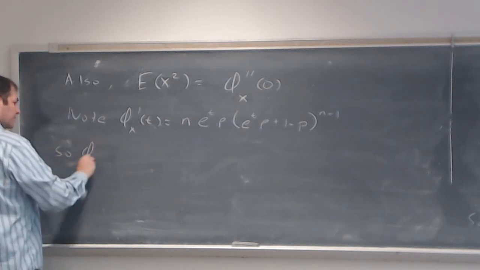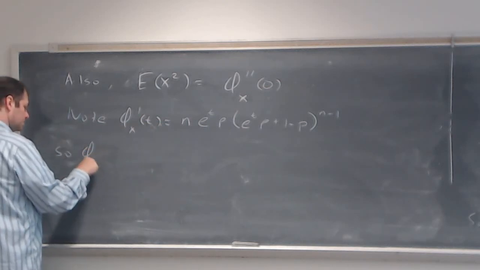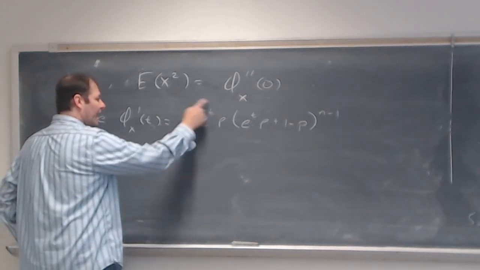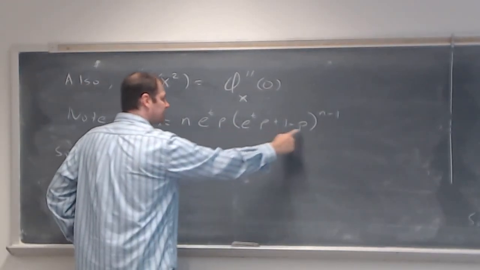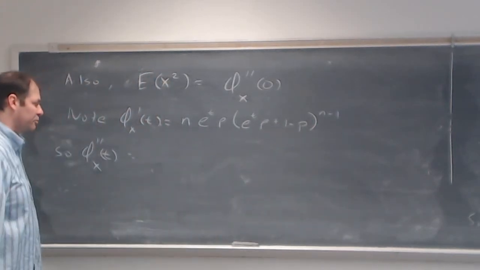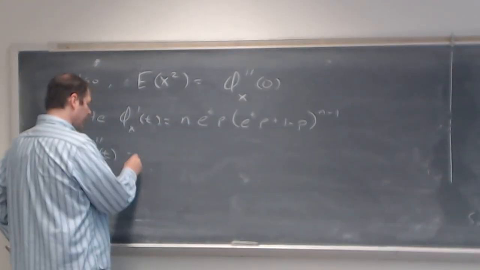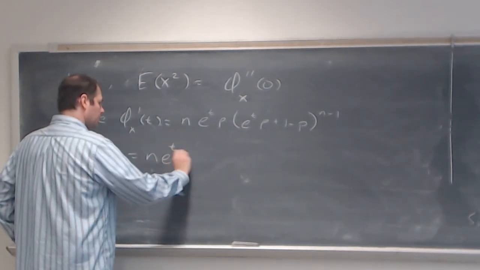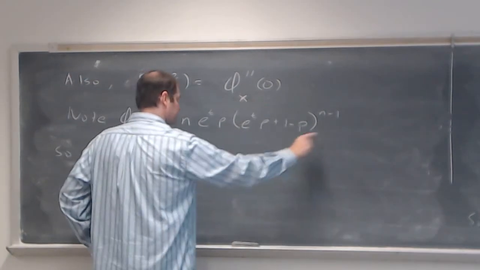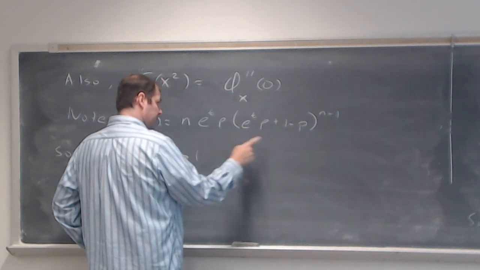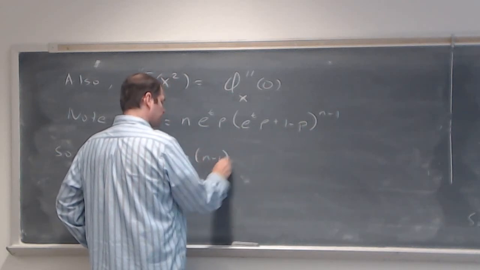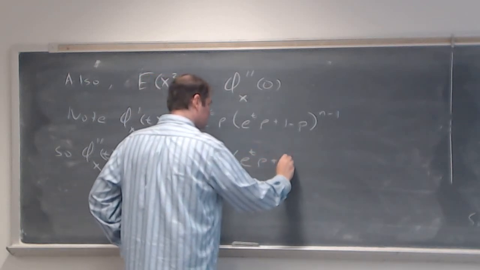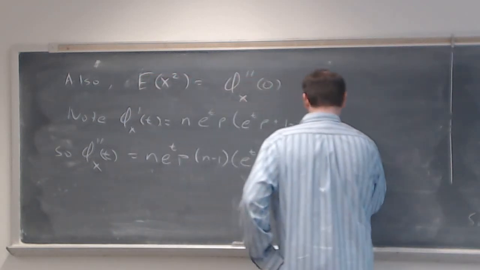So if I take the second derivative, the derivative of the first derivative, here I have an expression times another expression. I'm trying to take the derivative with respect to t. The way we do that is use the product rule. So I write down the first, and I take the derivative of the second. This is the second, so I'm going to use the power rule. So I'm going to write down n minus 1, the power, the something raised to 1 less power.